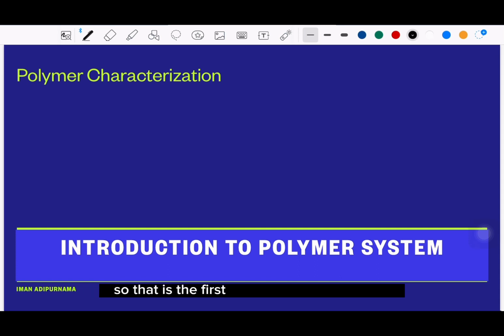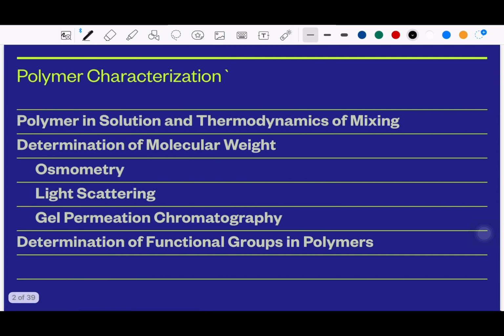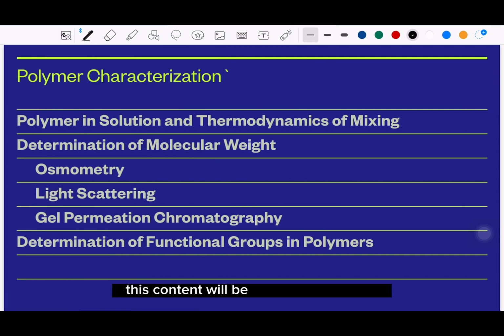That is the first thing we need to do. This content will be defined by at least, I think, 3 big groups. The first is introduction: polymer in solution and its thermodynamics.